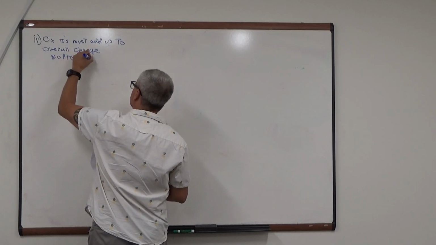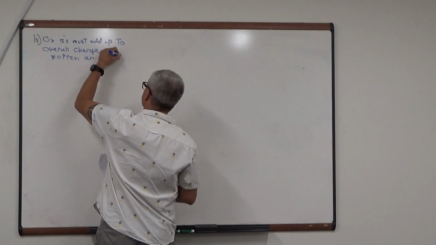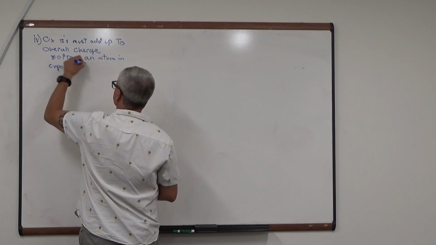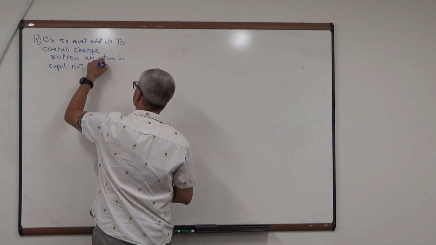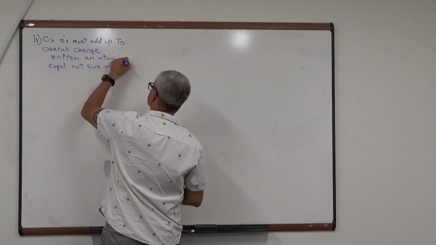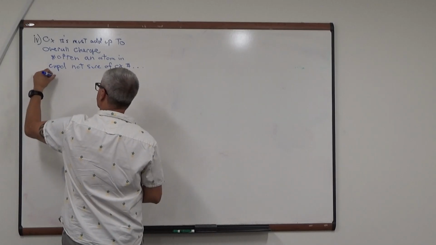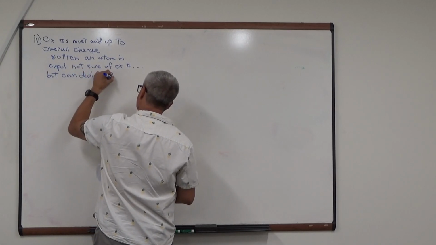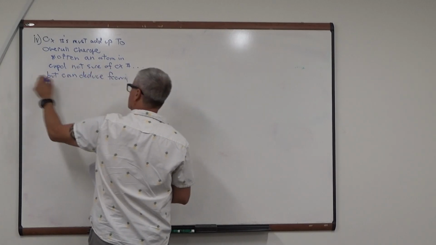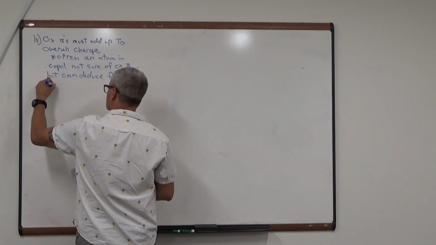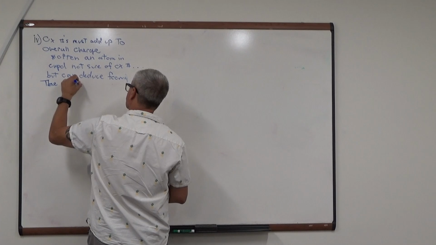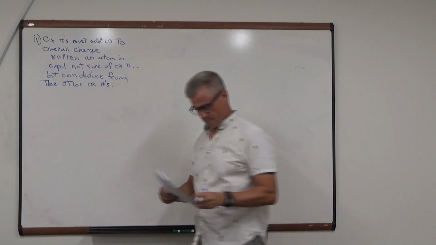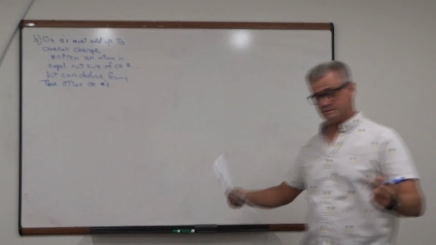Often an atom in a compound, you're not sure of its oxidation number, but you can deduce it from the other oxidation numbers. All right, so let's actually do some examples.